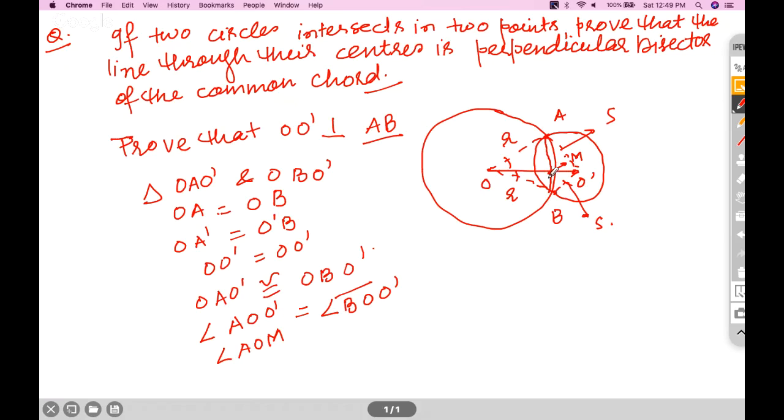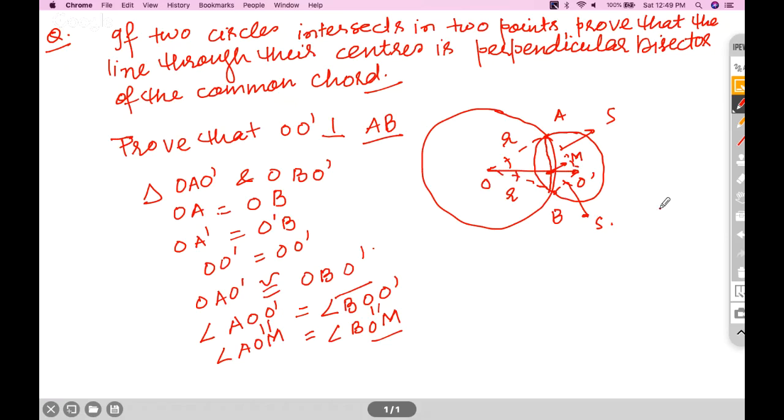Rather than O dash, you can write AOM, and angle BOM are equal. Rather than O dash, I am taking another point on the same line.